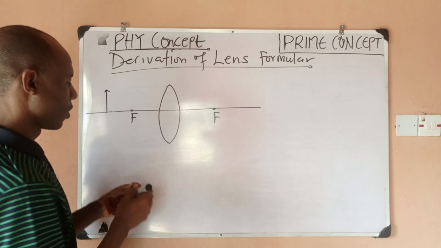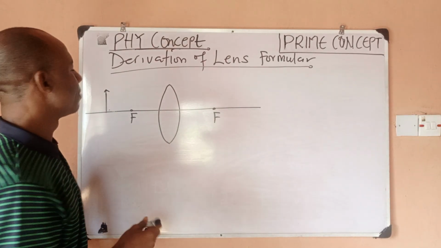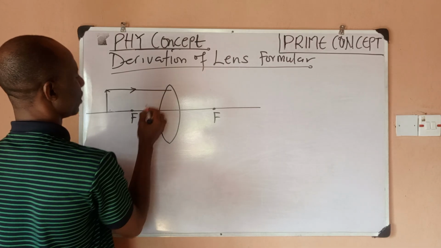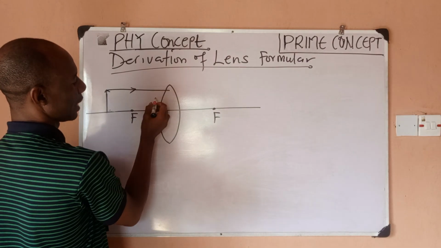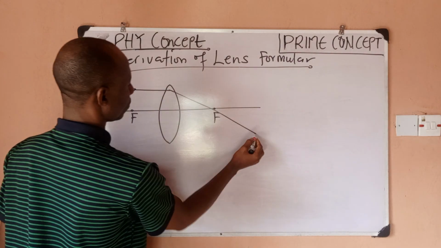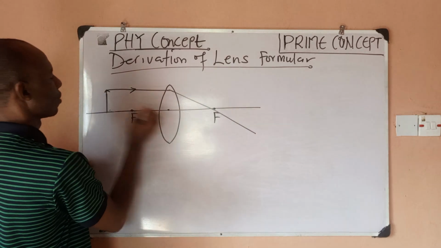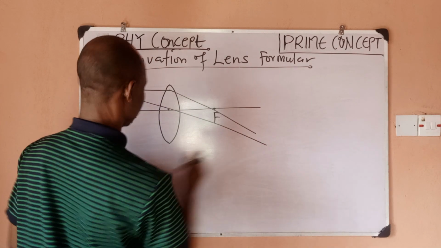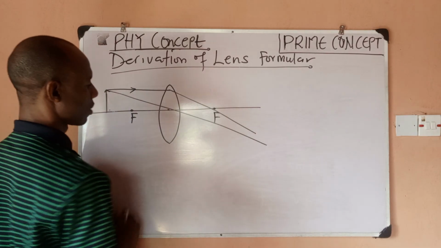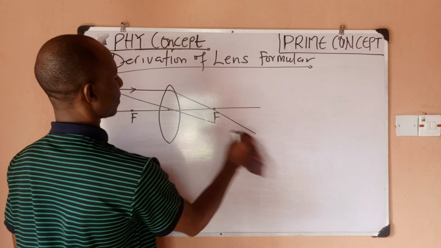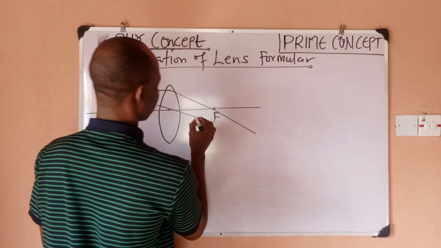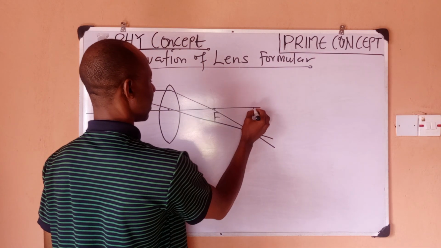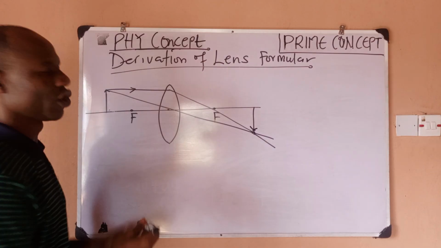So following my rules for image formation, if I have this parallel ray, when it hits my lens, it will come through the focal point. If I go through the optical center, I would have this, to go unrefracted. So this point where they intersect is where our image would be formed.